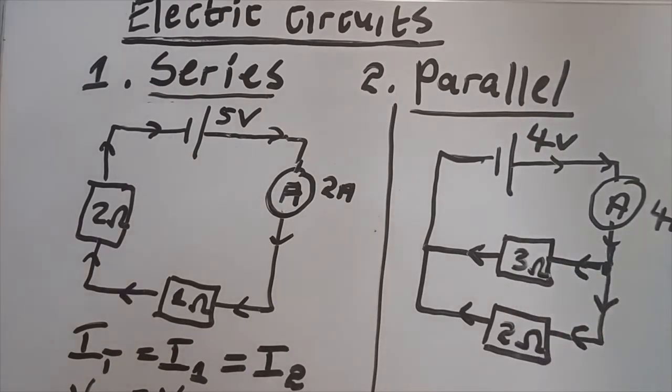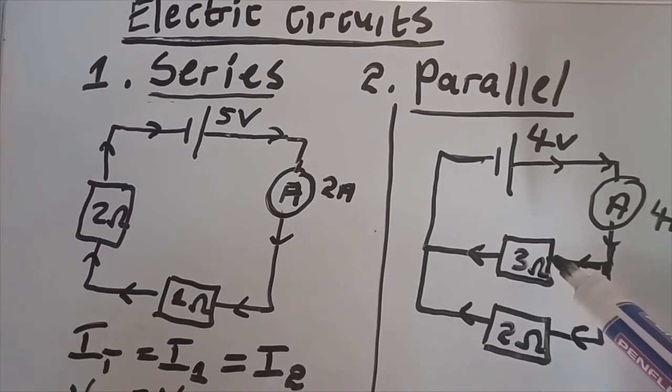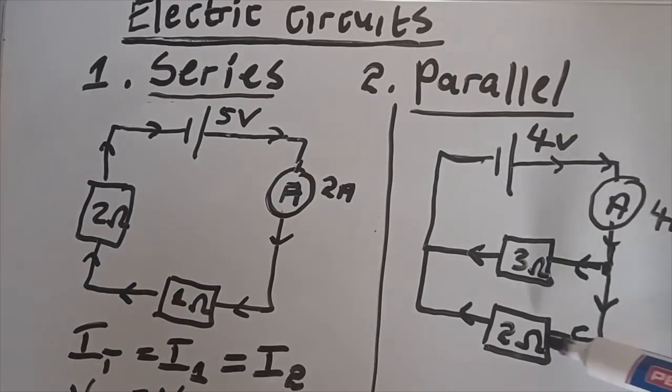This resistor has higher resistance, 3 ohms, so it's going to resist more of the current. So only a small amount of current is going to pass here, because when we talk about resistance, we're talking about the ability to prevent something from passing. Okay, and then some of the current is going to pass in this resistor.